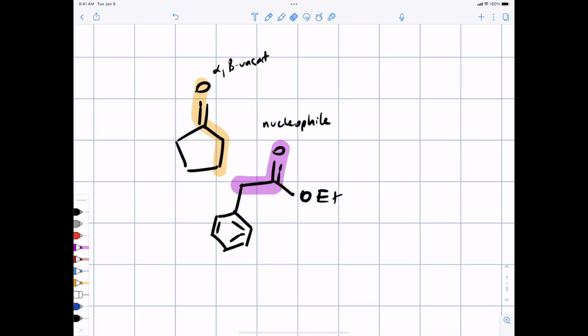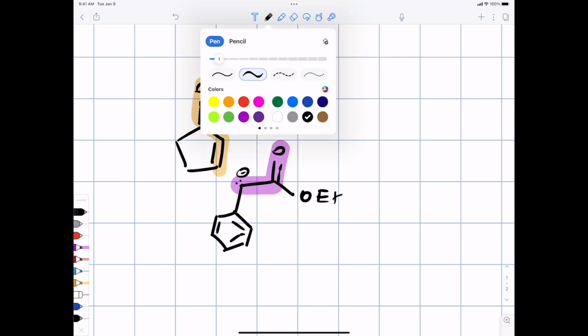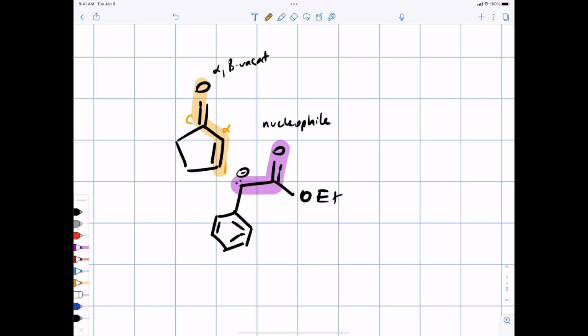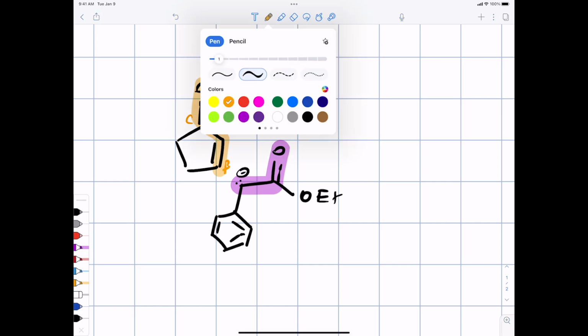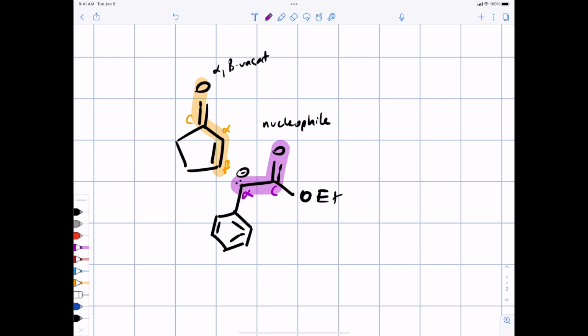If I erase this bond, this used to be an enolate, and then what did this used to be? You've got to have that there, right? So that's our alpha beta unsaturated carbonyl compound, and here's our enolate.